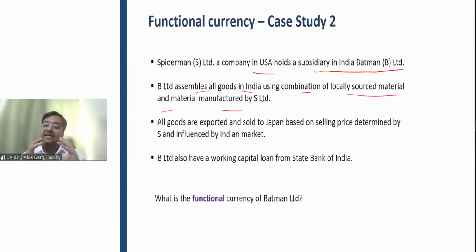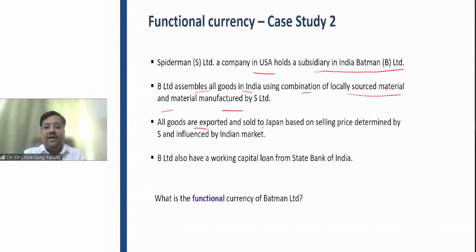So B Limited is assembling in India using combination of locally sourced material. So B Limited is assembling goods using Indian raw material and using raw material supplied by the Spider-Man, which is US based company. So the input cost is in India, INR, as well as US dollar, right?